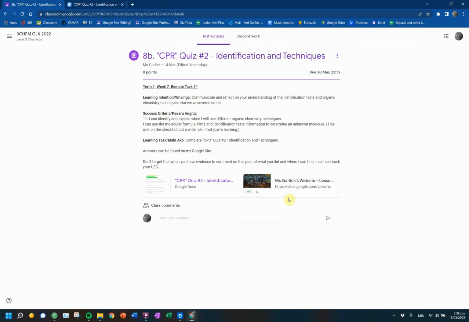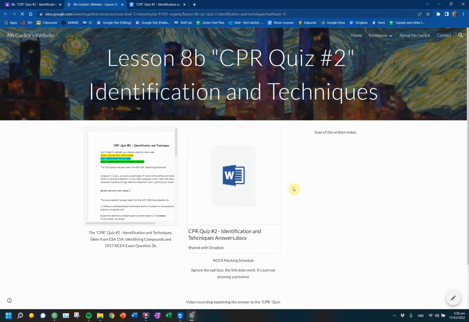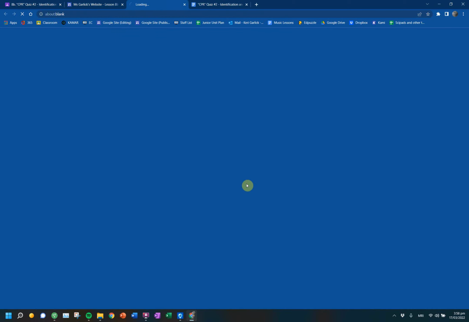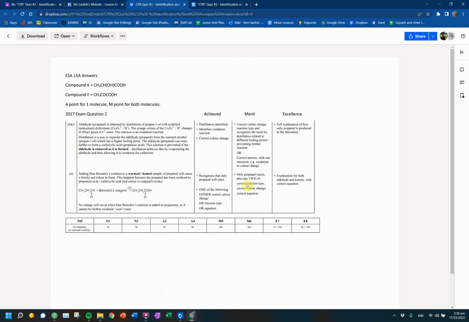I won't go through in-depth answers because you guys have the marking schedule. And it doesn't require the same kind of explanation because I think it's more self-explanatory. In this case, with the molecular formula question, I feel like I do need to show you how to go through it because it is a process.